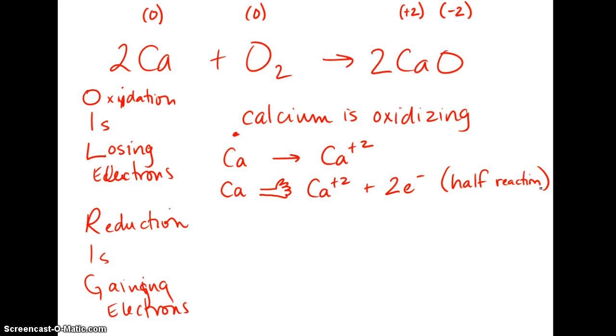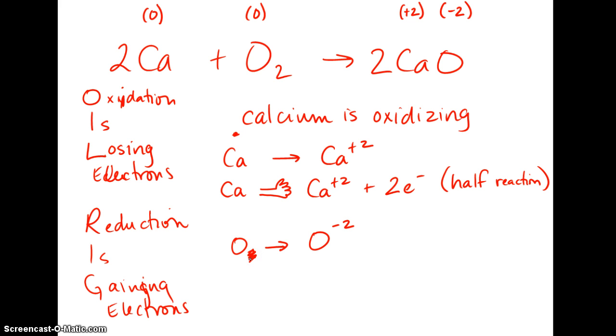Okay? So let's do that for oxygen. If one is oxidized, the other one is going to be reduced, and in fact it is like that. So you have oxygen that has a 0 charge, and it becomes more negative. And the only way that it can become more negative is if it gains those negative electrons. So oxygen, O2, is going to be gaining electrons because it now has the -2 charge.